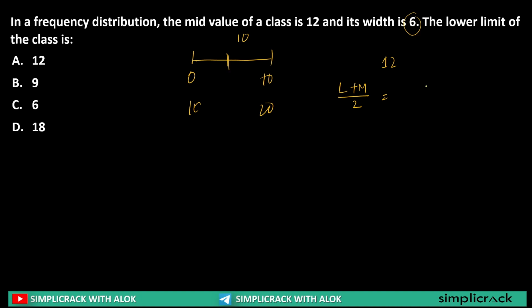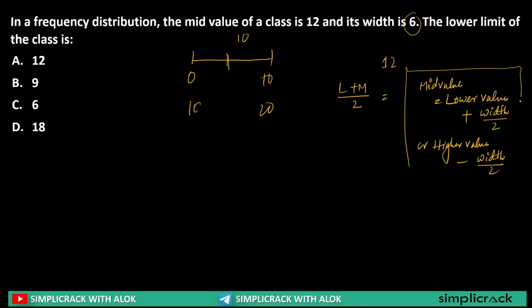Or I can write the mid value is equal to lower value plus width by 2, or higher value minus width by 2. This is the concept, you need to understand it.